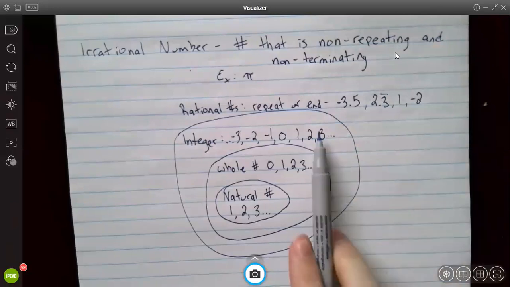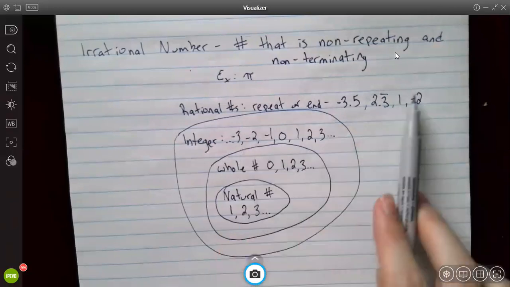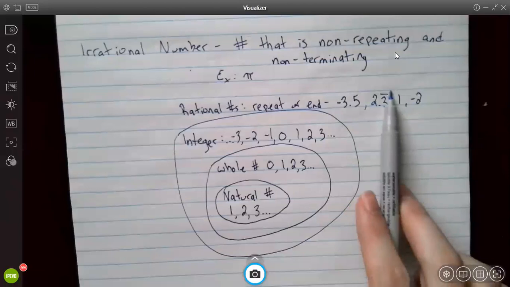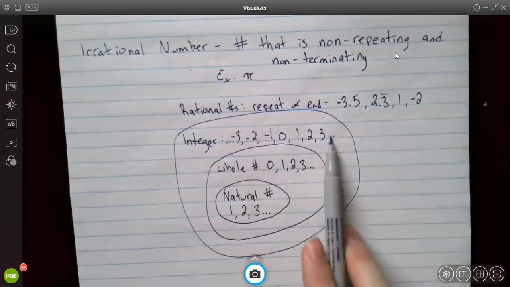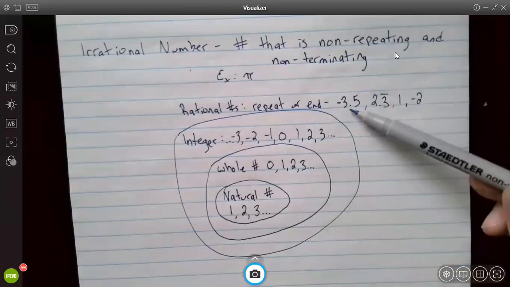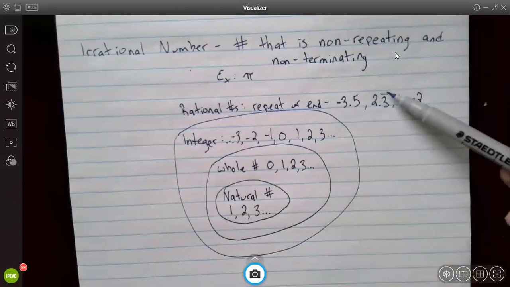Okay, so all integers are also rational numbers, but not all rational numbers are integers. But as long as it ends or repeats, it's a rational number.